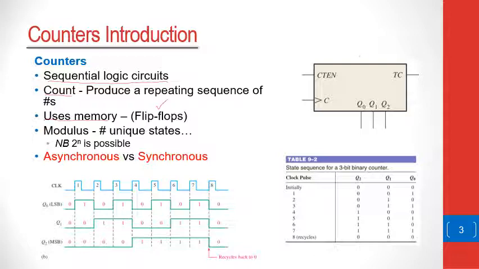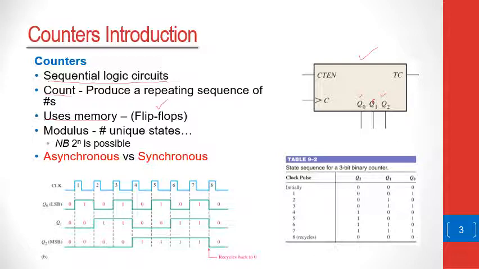This is an example of a counter, and this is a 3-bit counter. We call it a 3-bit counter because the output count is going to appear here on Q0, Q1, and Q2. That is the output. Those are the 3 bits through which the counter will count.